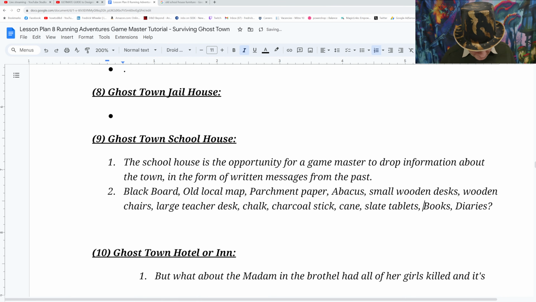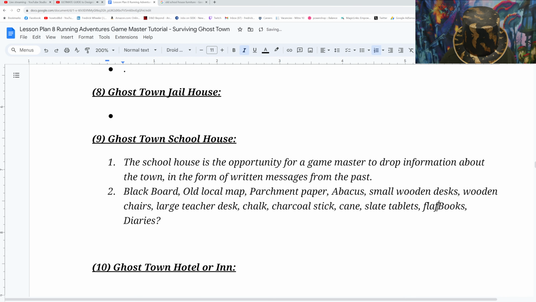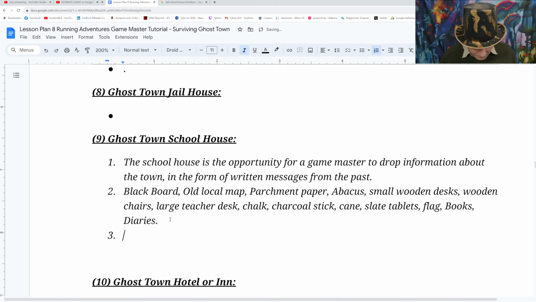Slate tablets, flag. Light. So that's a lot of this stuff. And also balls. Okay, so a ball, jump rope. That was pretty common. I remember they used to pull it out.